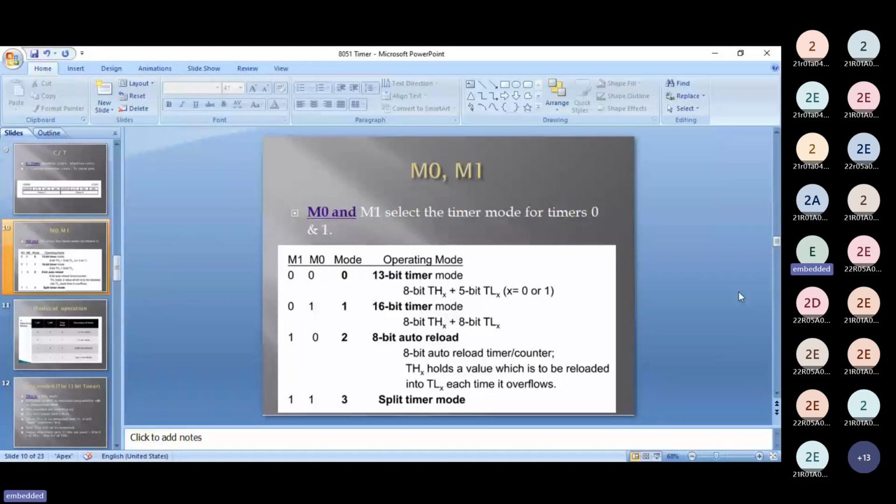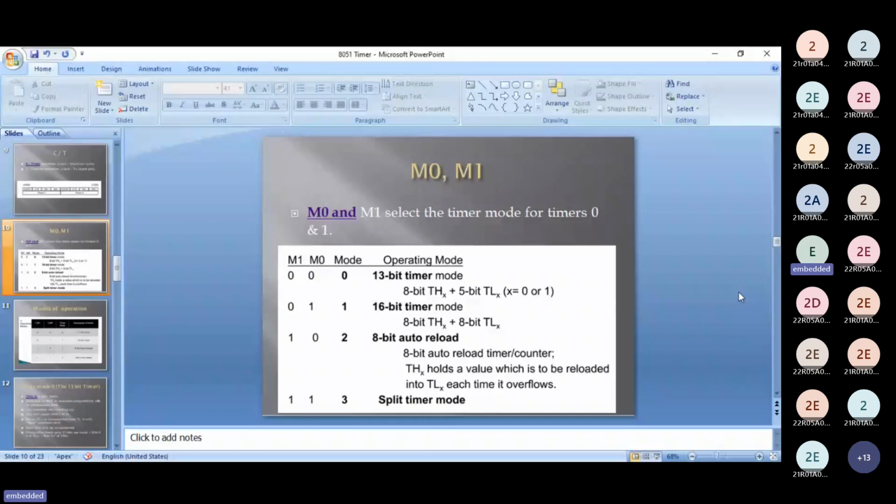In mode 2, 8-bit auto reload takes place, as an auto reload timer or counter. THX holds a value which is to be reloaded into TLX each time it overflows. And the final mode, mode 3, is the split timer mode. So these were the modes M0 and M1 present in timers 0 and 1.